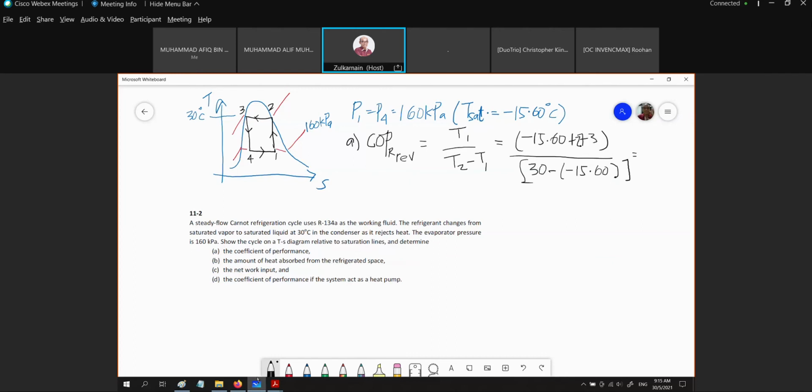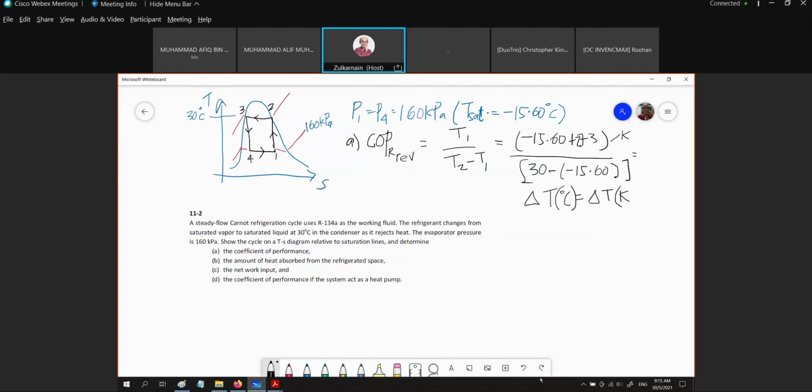So this I have converted to Kelvin. And this 30 minus 15.6 is already a delta T in Kelvin, because we know that the delta T in Celsius is equal to the delta T in Kelvin.